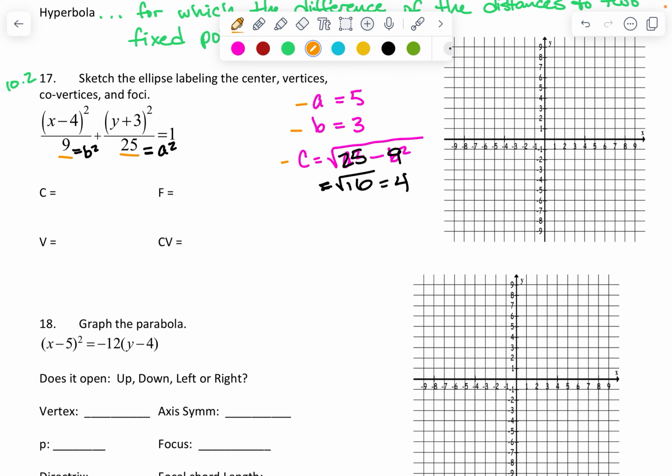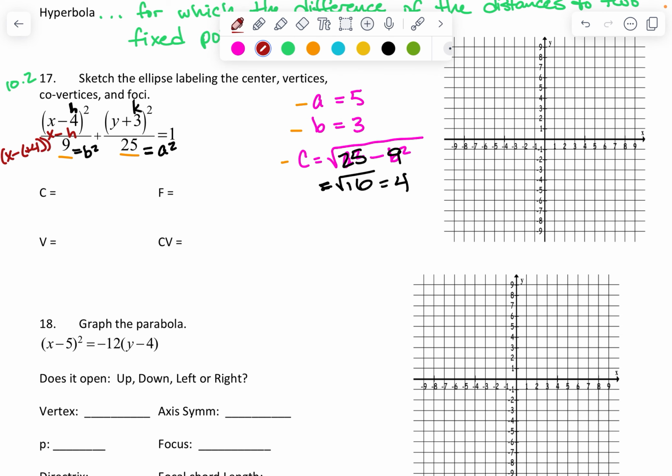The last thing I really need to get is my h and k. Now, h is always in parentheses with the x, and k is always in parentheses with the y. Now, x minus h is what the original formula says. And so what we've got here technically is x minus positive 4.